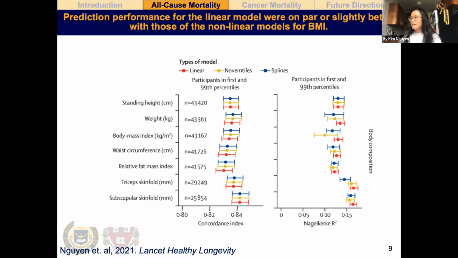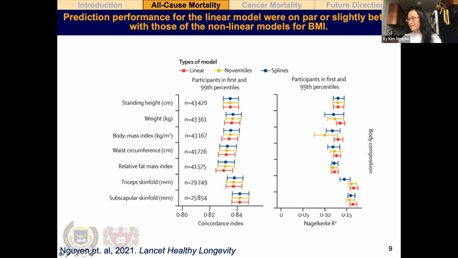So I'll show this again. Let's just focus on BMI right now. Going through the standard protocol for choosing the appropriate model based on prediction performance, we see that the linear model performs fairly on par with the other nonlinear models when looking at the concordance index. But when we look at another prediction performance measure, we see that the linear model performs slightly better than the other two nonlinear models.